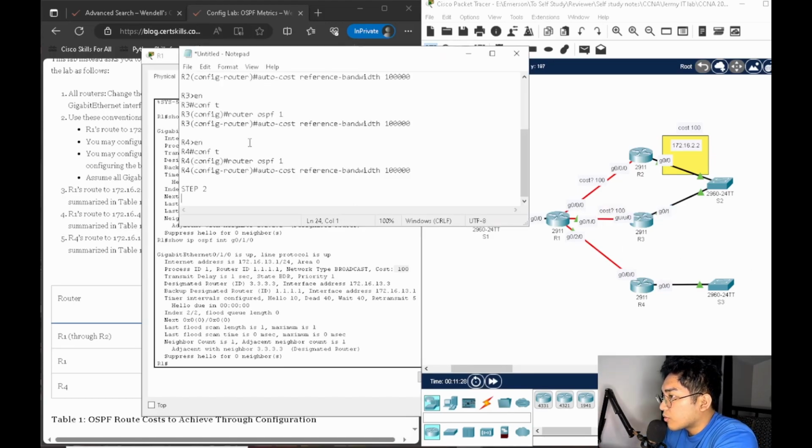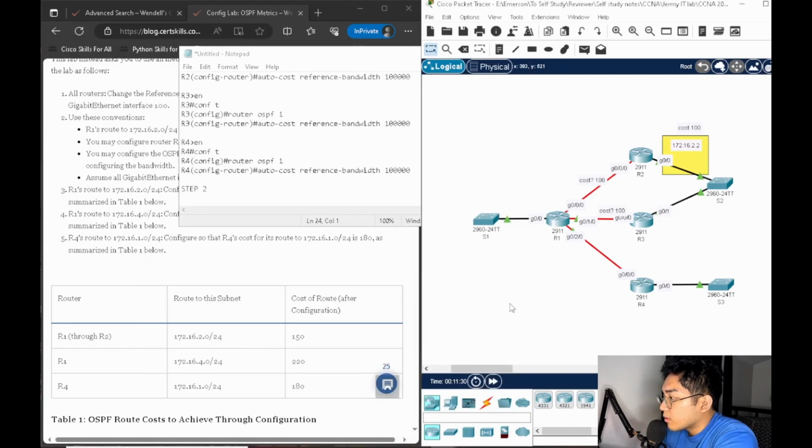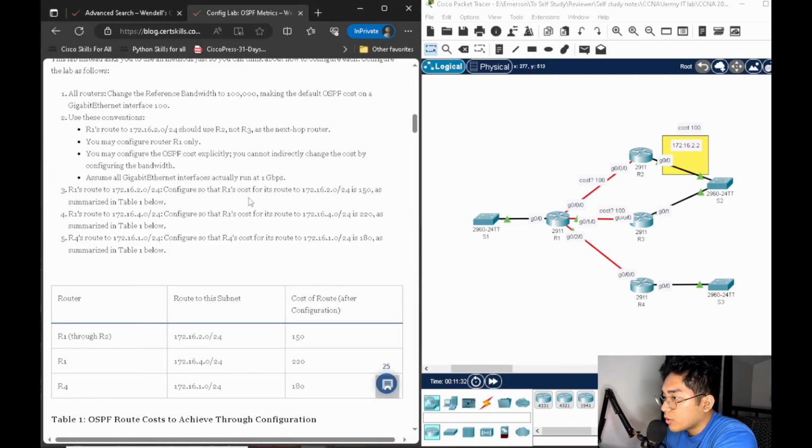In order for the route to go via R2 instead of R3, because right now the default route's next hop is R3, we don't want that. We're going to change it so that R2 will be the next hop.